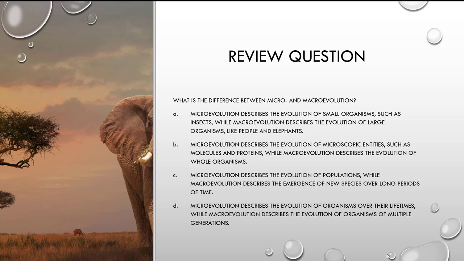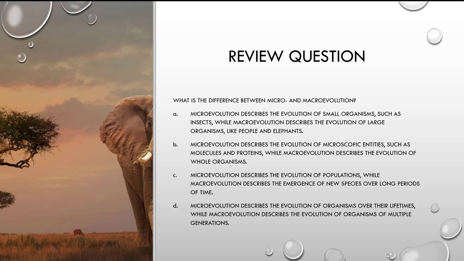Or is it C, microevolution describes the evolution of populations, while macroevolution describes the emergence of new species over long periods of time? Or is it D, microevolution describes the evolution of organisms over their lifetimes, while macroevolution describes the evolution of organisms over multiple generations? So what's the difference between microevolution and macroevolution?